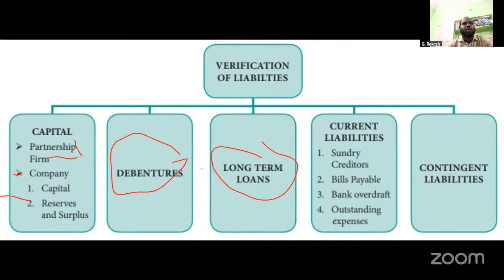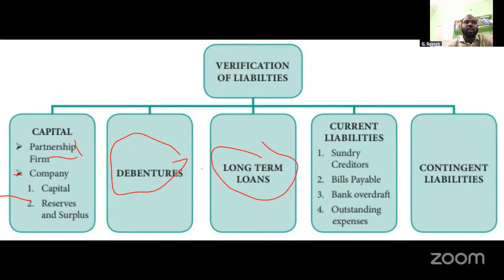The loans are borrowings of a concern, which may be either secured or unsecured, for a short or long period. What is the auditor's duty? He has to verify whatever the loan is. The auditor's duty is to verify the loan account in the books of accounts.